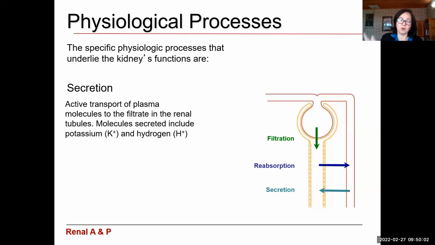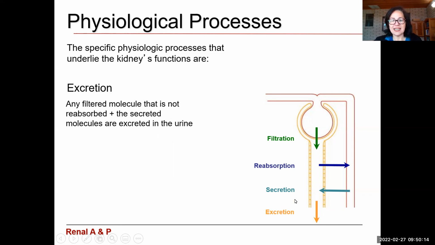This is part of when that is happening. And then finally, at the end, whatever is left here in this filtrate, that is what is destined to become urine and gets excreted from the body. So the filtered molecules that do not get pulled back in, plus those molecules that get secreted, those are the things that get released in the urine.